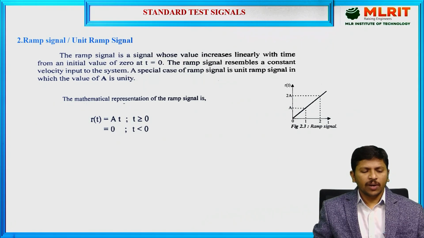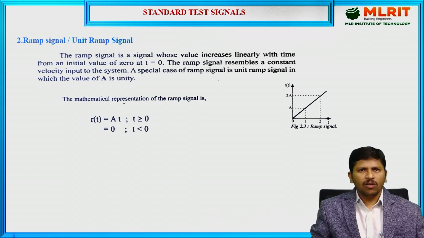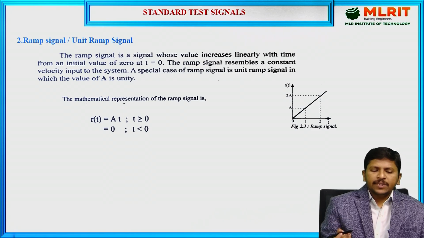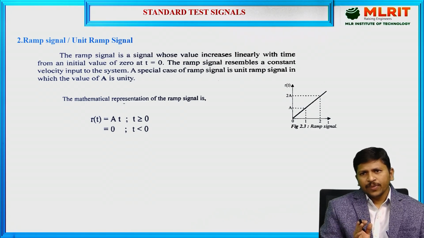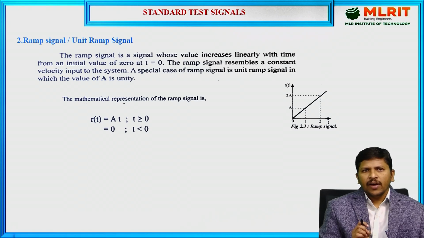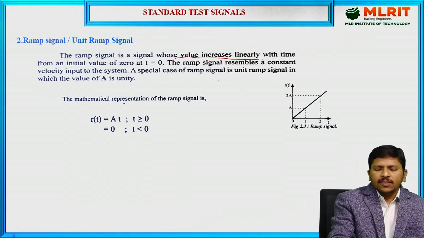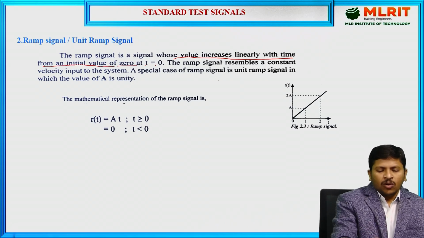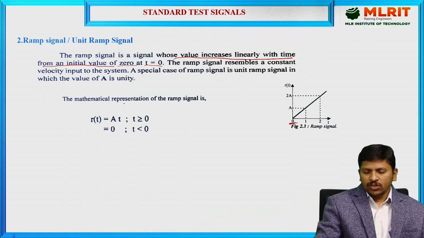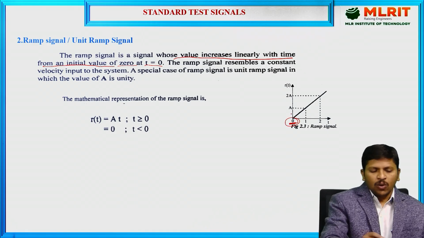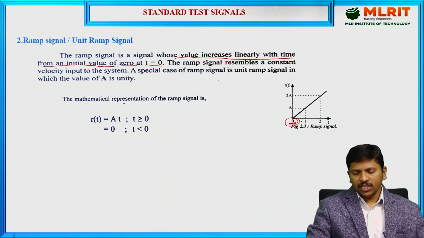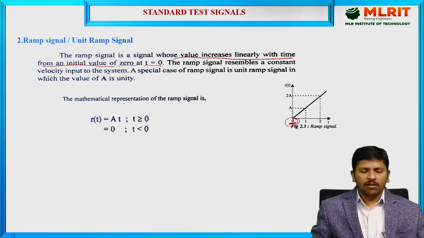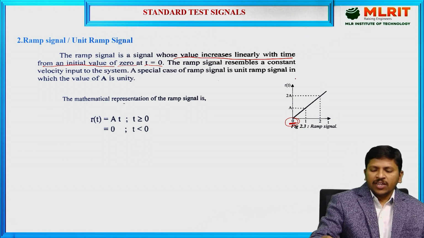Next, coming to the second signal, the ramp signal, or unit ramp signal. The ramp signal is a signal whose values increase linearly with time from an initial value of 0 at t equals 0. Observe the graphical representation.